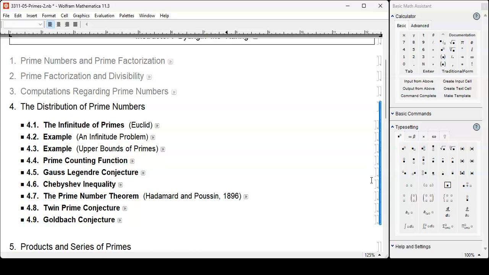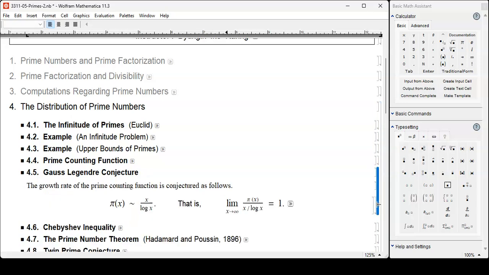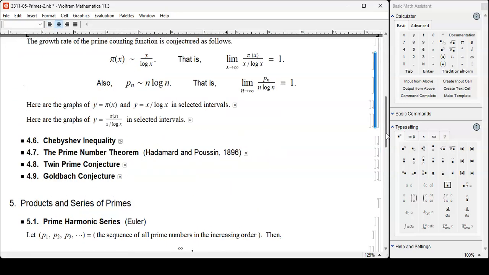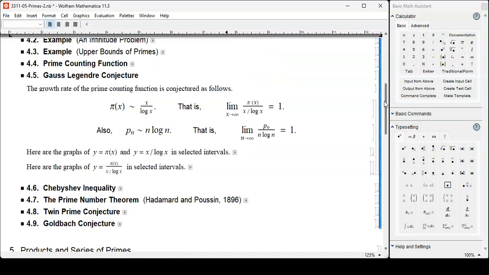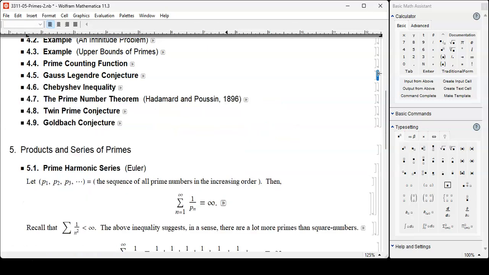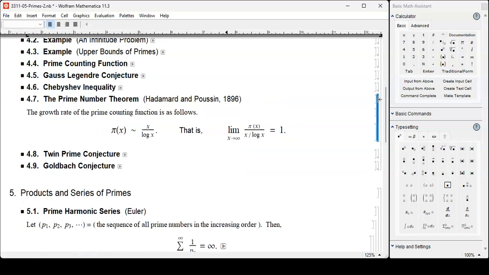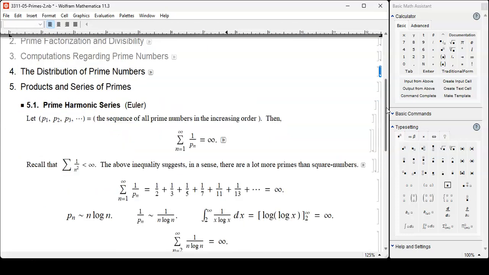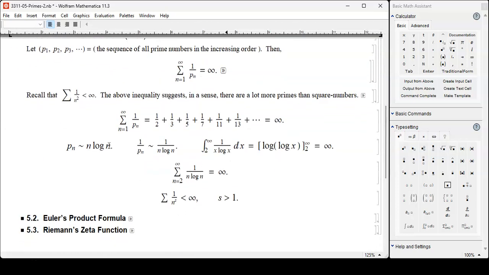We are talking about this Gauss-Legendre conjecture, this one here, as an equivalent form of either this or that, later proved by Hadamard and de la Vallée Poussin. Thanks to that, we have this growth order, which is far quicker than any of the 1 over n to the s power, where s is greater than 1.